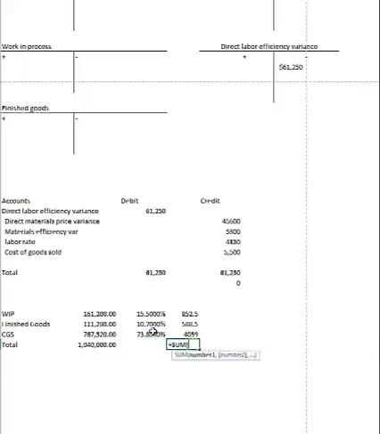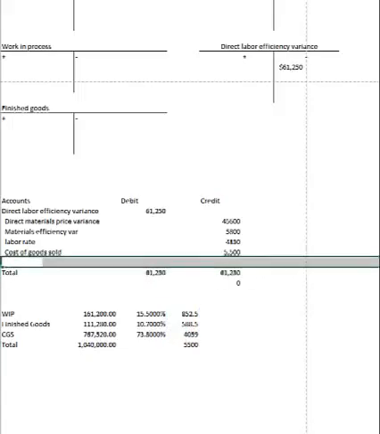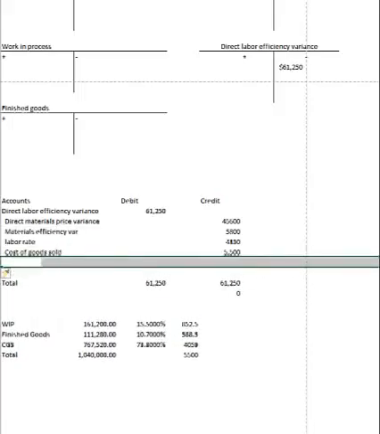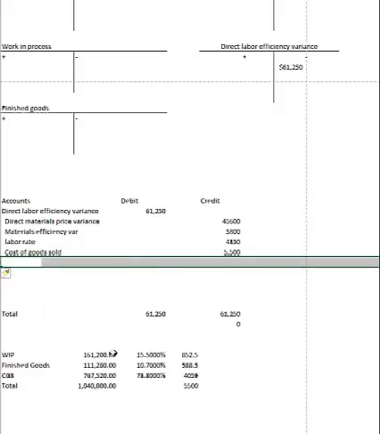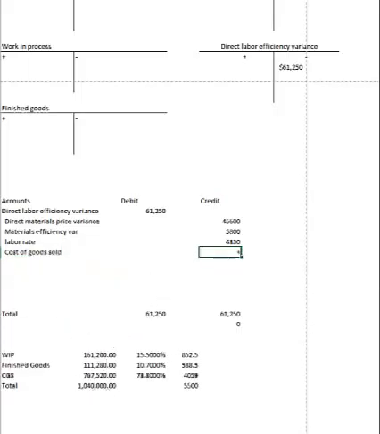So the total here is once again $5,500, but now this journal entry changes so as not to have so much go to cost of goods sold. Instead, the cost of goods sold gets this $4,059 amount.